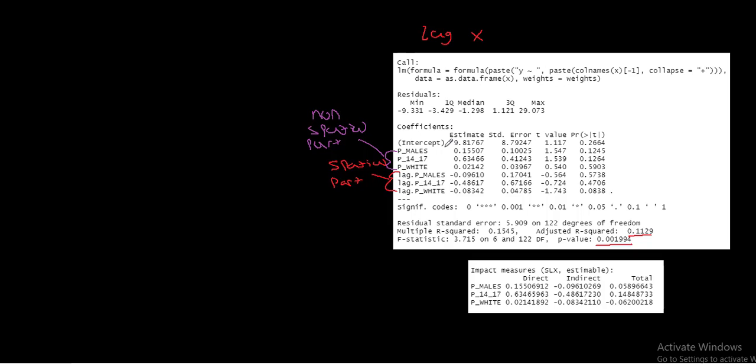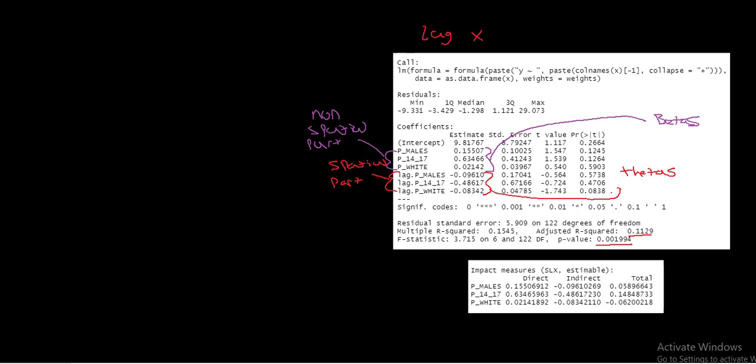For the lag X model, the estimates, these are the beta coefficients here, versus the theta coefficients down here. These are your thetas, and these right here are your betas. Again, non-spatial part beta, spatial part theta.